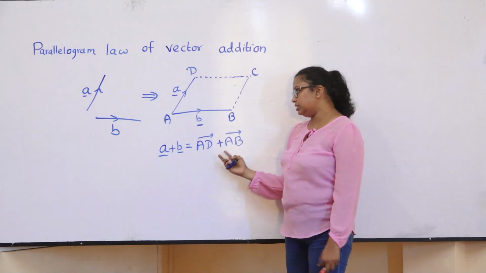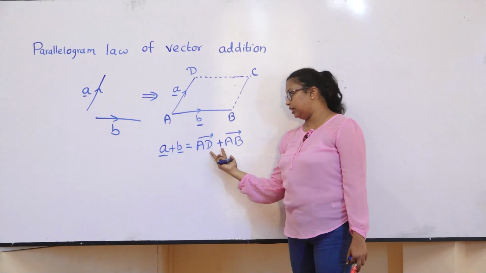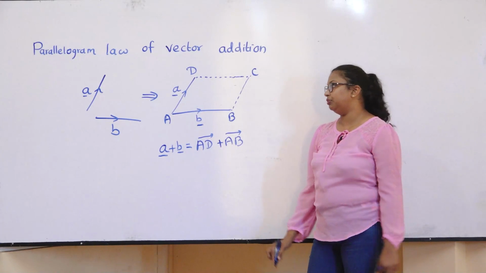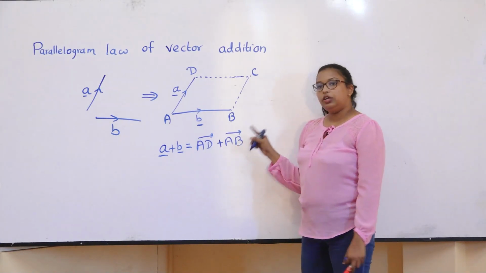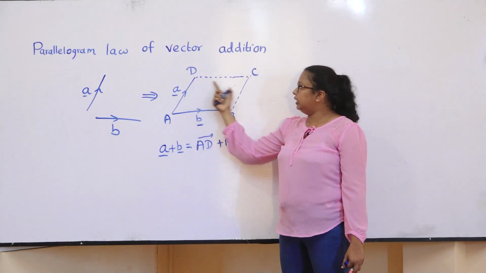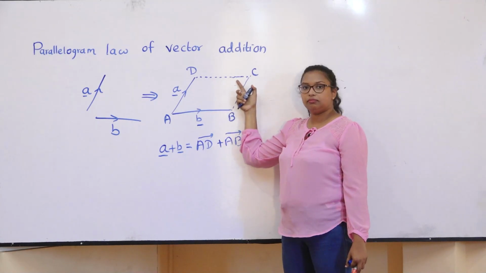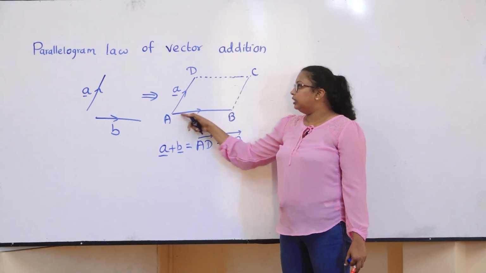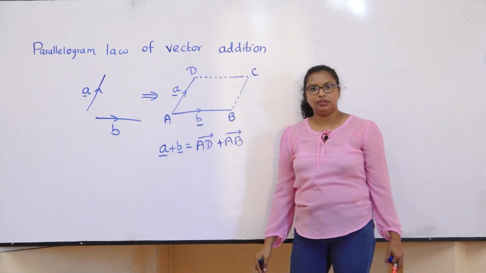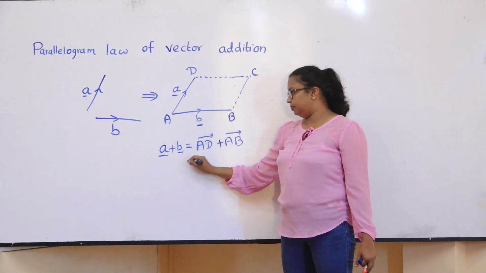Now, to add this, as I told you before in the triangle law of vector addition, you don't have the same capital letter in the middle, right? So what can we do for that? You all observe this, vector AB and vector DC. Yes, they are parallel, the magnitudes are equal and the directions are also the same, right? That means instead of AB, I can write DC.